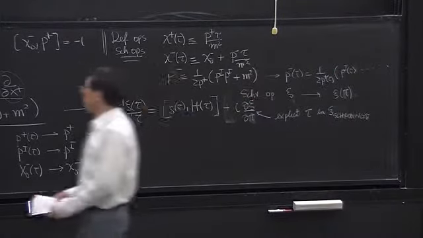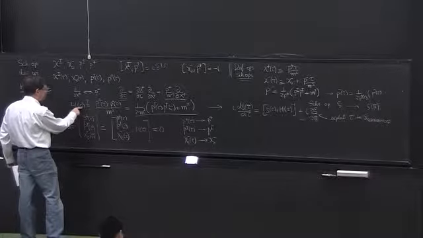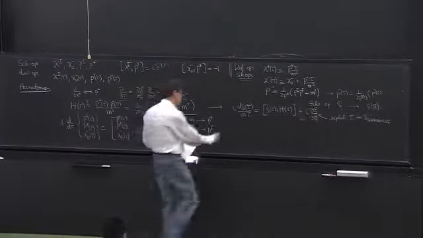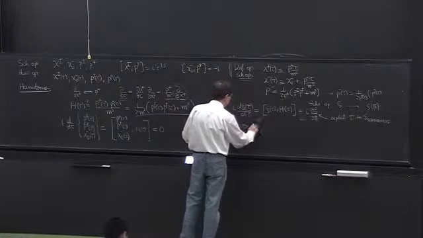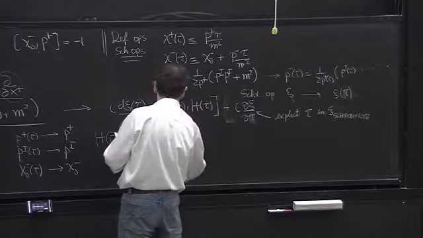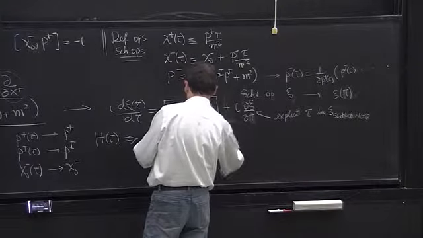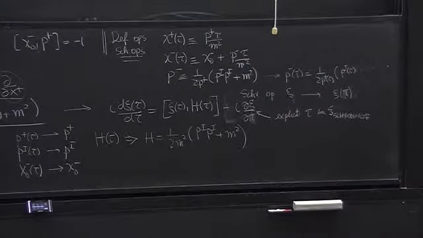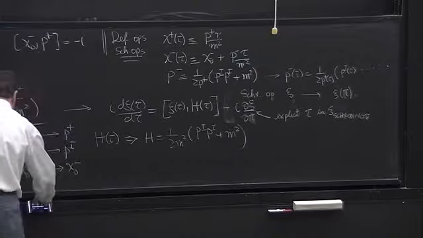So even this Heisenberg Hamiltonian is time independent, which is obvious because all these things are time independent. So h of tau now can be written as h equal 1 over 2 m squared pi plus m squared.